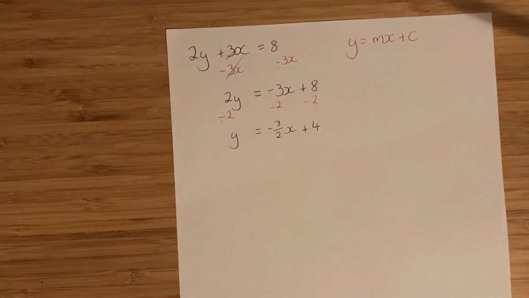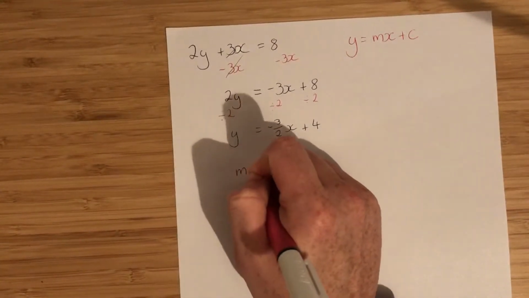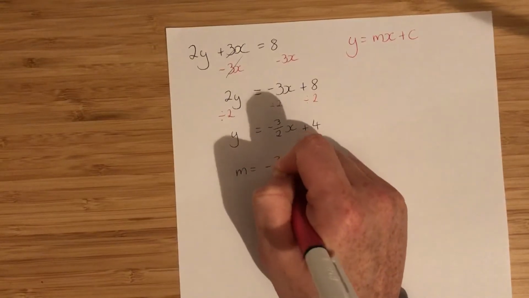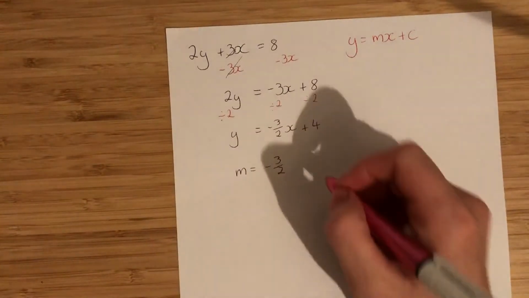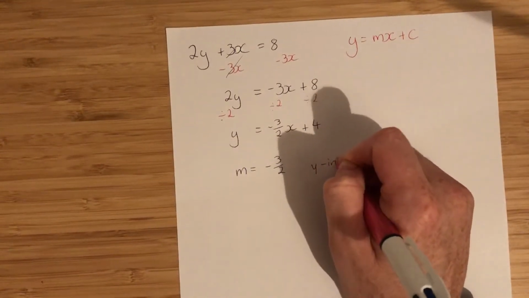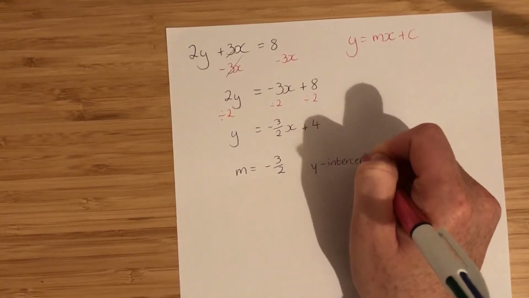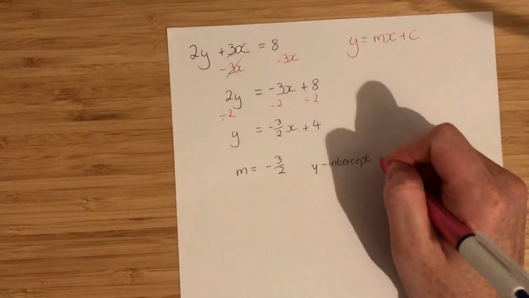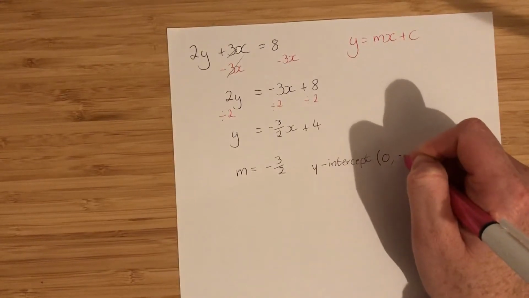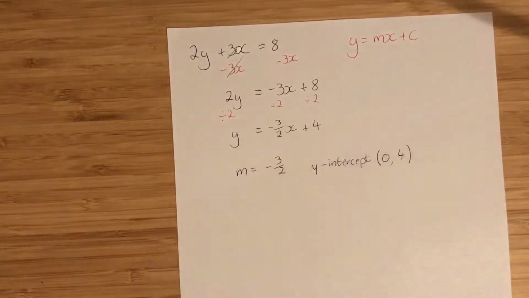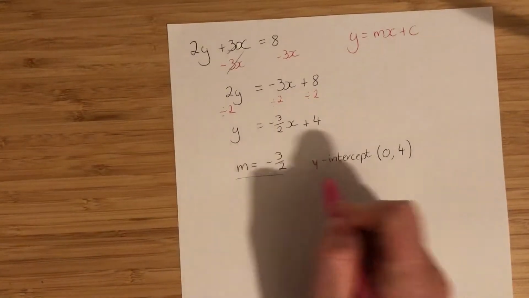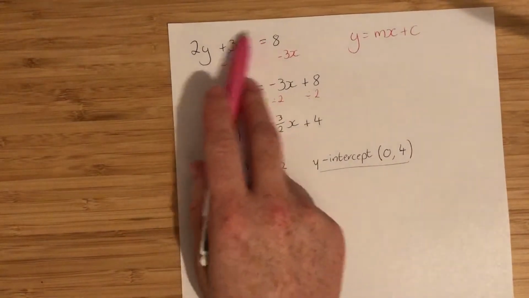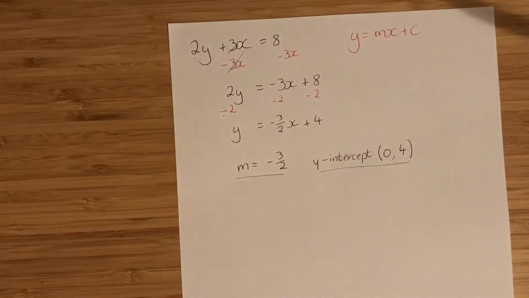So if you were then asked to write down the gradient and the y-intercept, it's good just to state the gradient, m equals negative 3 over 2. The gradient is that. And your y-intercept, 4 is your c value, so your y-intercept, where it actually crosses, is the coordinate (0, 4). And that's you. You've found the gradient and the y-intercept from the straight line equation you were given.